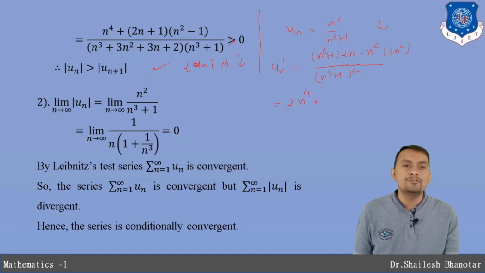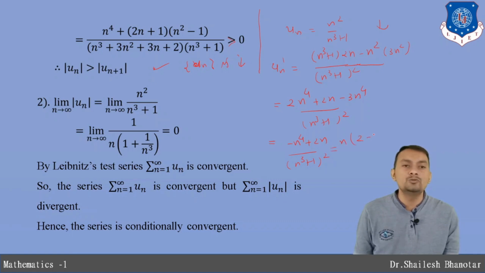2 times n raised to 4 plus 2n minus 3 times n raised to 4, divided by n cube plus 1 raised to power 2. So from this you can observe that this is minus n raised to 4 plus 2n divided by n cube plus 1 raised to power 2. Let us first take n common.